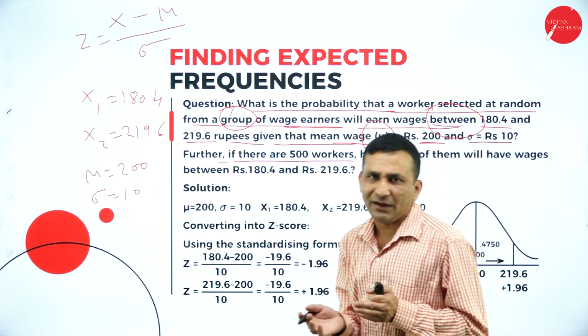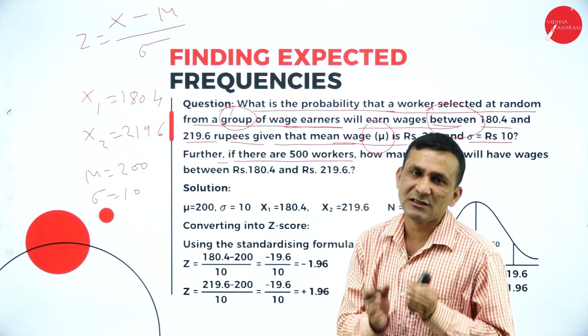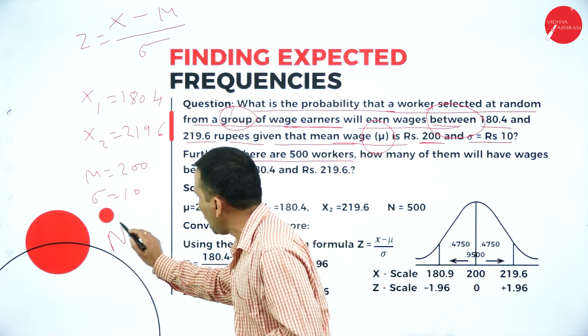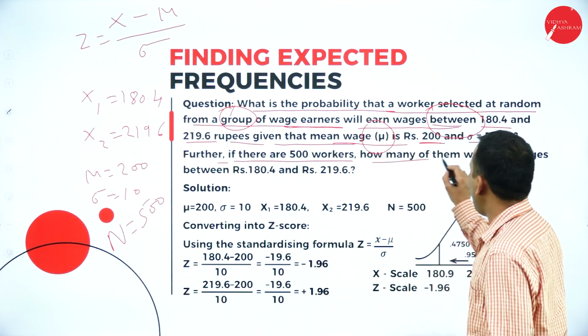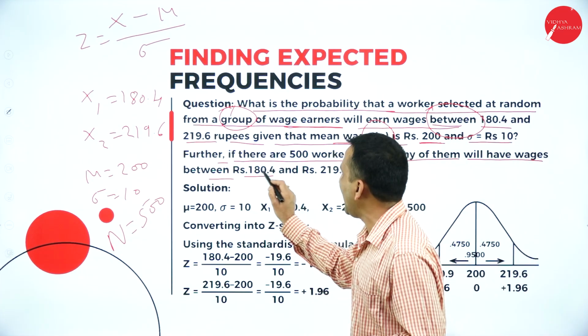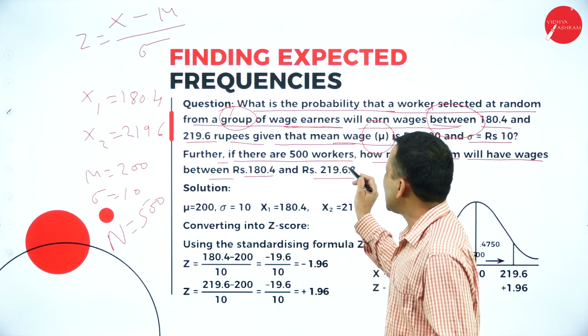Now the question further says there are 500 workers. Why are they giving this? To find out the expected frequency, expected probability. So capital letter N is also given, 500 workers. How many of them will have wages between 180.4 and 219.6?